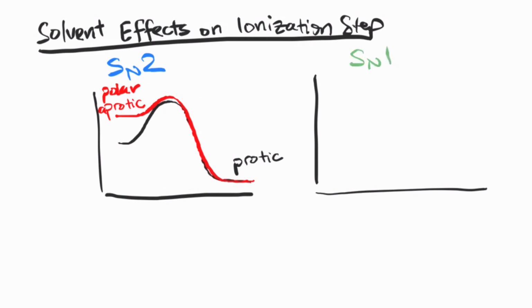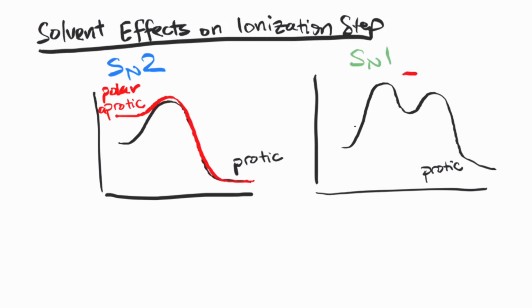In an SN1 reaction, however, you do not have that ionic starting material. In this case, if you have a polar aprotic solvent, you are not going to destabilize the starting material, but you're going to destabilize the ionic intermediate instead. Remember, there was the carbocation intermediate, which is essentially an ion.